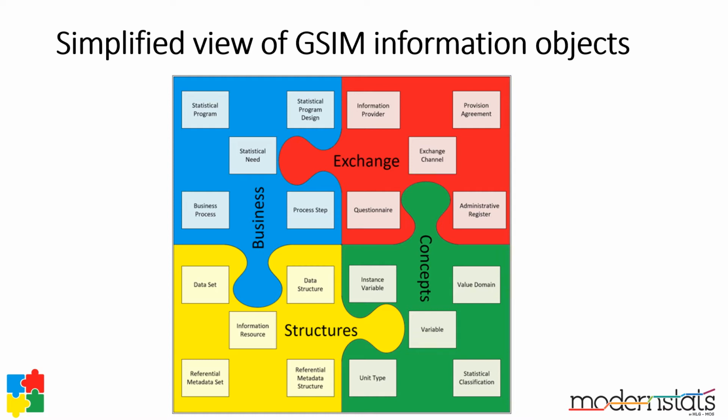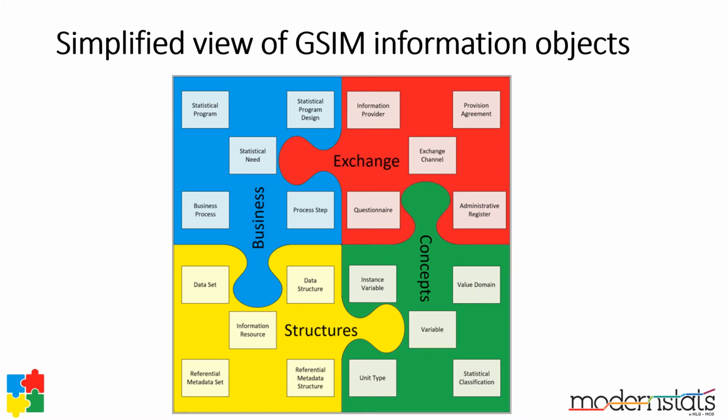So we're going into the different types of variables later today in the concepts group. And unit types, for example, would be a family, a person, household, enterprise. And we'll talk about those later today too.